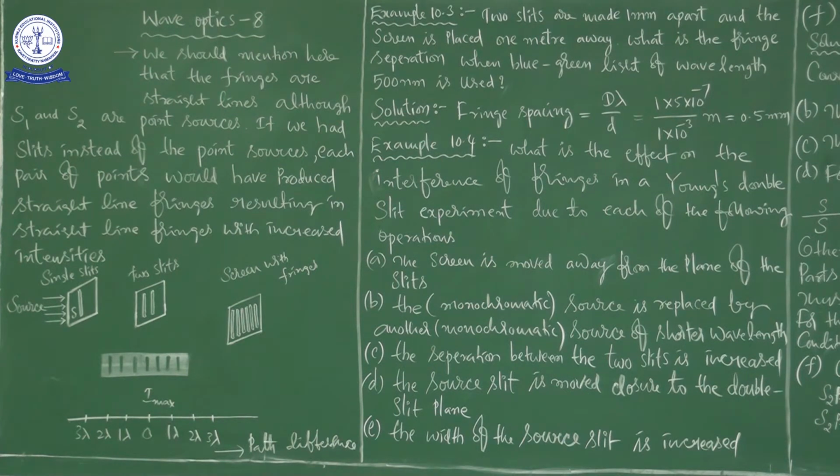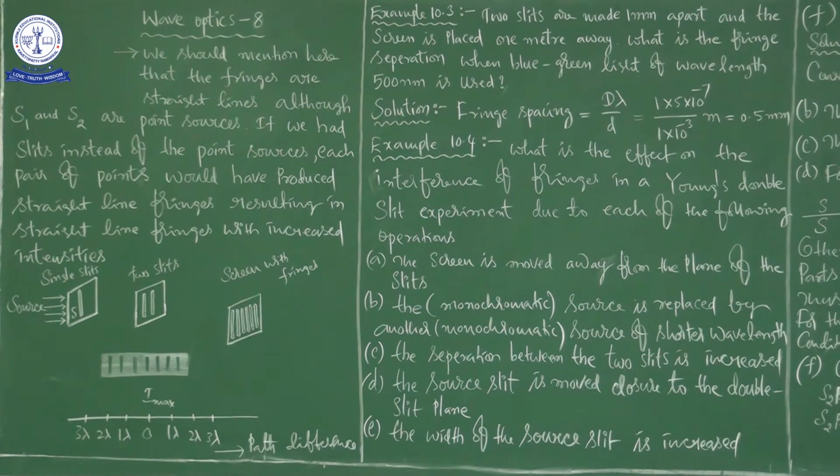The first example problem is 10.3. Two slits are made 1 millimeter apart and the screen is placed 1 meter away. When I am explaining this problem, you have to keep in mind what the source is, where the two slits S1 and S2 are, where the screen is, and what is capital D, what is small d and what is small x.